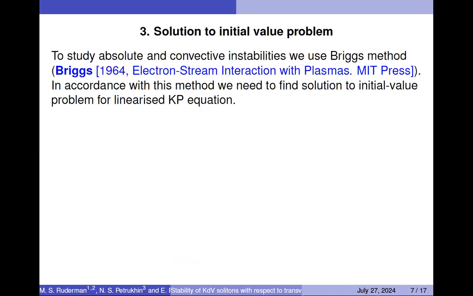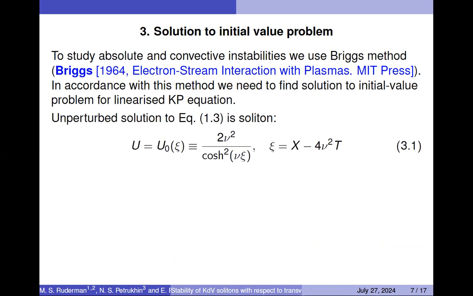Now, in order to study absolute and convective instabilities, we use the Briggs method, also developed very long ago to study stability of electron streams in plasmas. In accordance with this method, we need to solve the initial value problem for the perturbed equation.